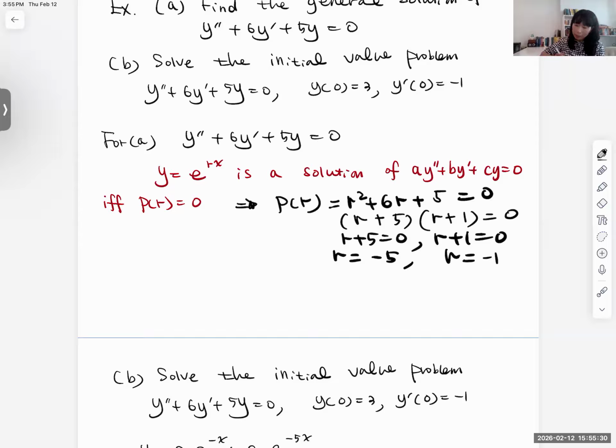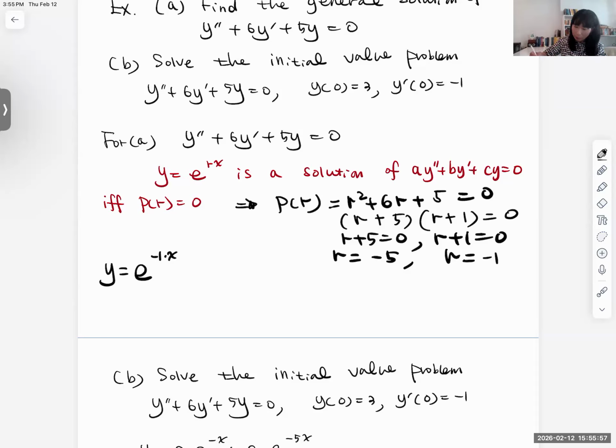Okay, then we are going to use this one, y equal to e to the rx is a solution, right? So y equals e to the r, in this case negative 1x, and we have another one, a distinct second solution, right?